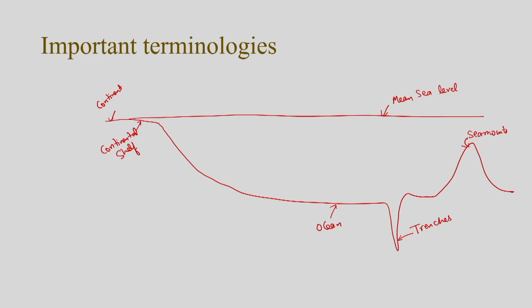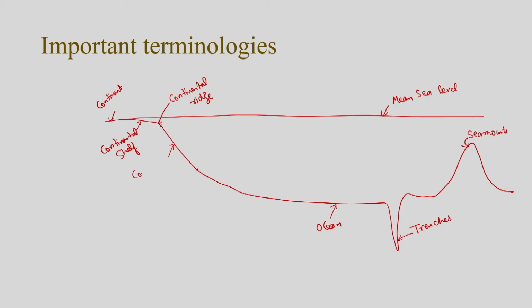Now, there will be a ridge from where there is a change from gradual to sudden in the topography of the medium. This is called the continental ridge. Then from this location till this location, there is more or less the same rate of topographical change.